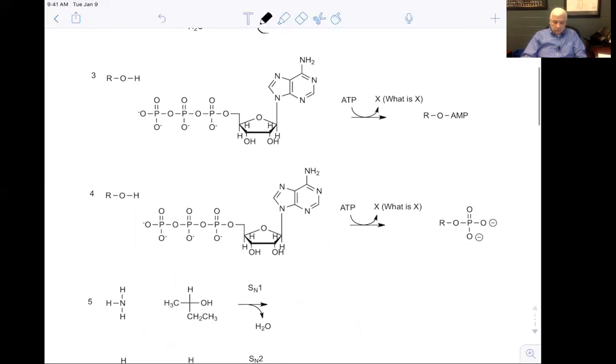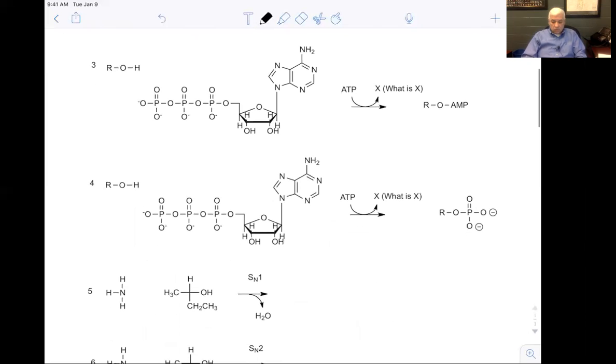Okay, the next series of events we're going to take a look at is the attack on the ATP, and we're going to do that by deprotonating the alcohol first. By deprotonating the alcohol, the electrons that were between the hydrogen and the oxygen are now negatively charged on the oxygen. The oxygen becomes a nucleophile.